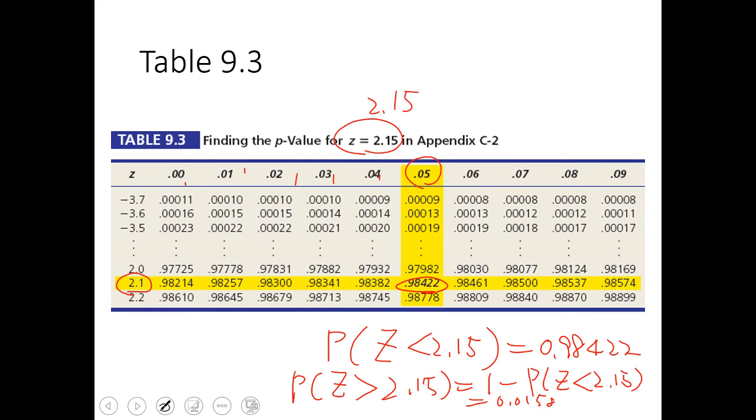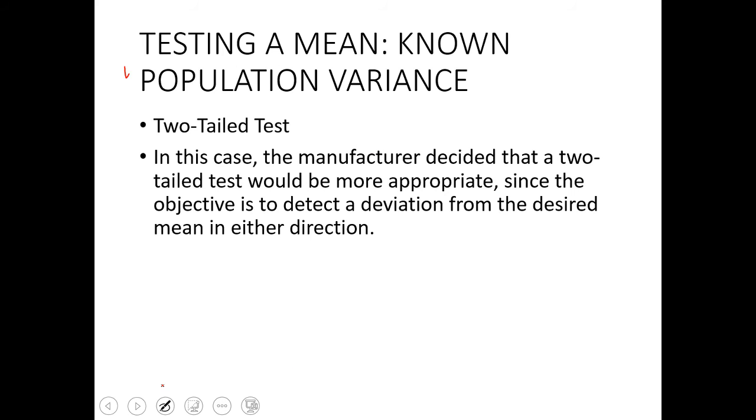Okay, so that is one example for the right-tailed test. Another example is the two-tailed test.